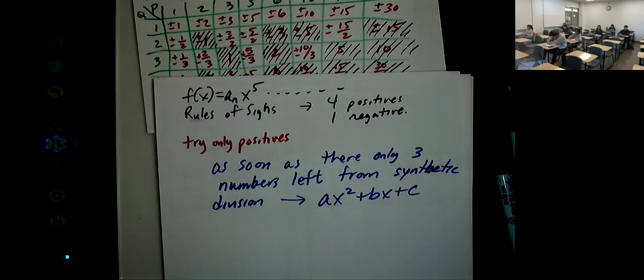And you can factor, you can use the quadratic formula, you can do other things at that point. Don't keep going with the p over q. So there are ways to be more productive in your approaches.